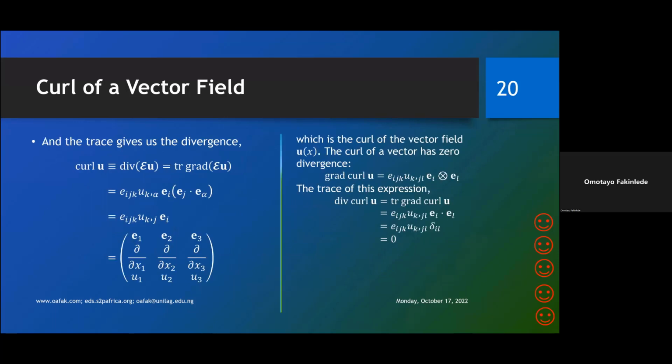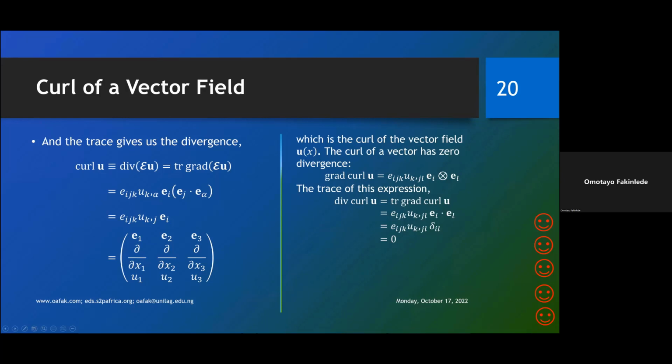But I want to omit all those things and define curl the way most textbooks define it, as this last quantity here. The curl of U is simply this quantity. What I am doing is to prove it is so in the earlier two pages. I don't want to spend time.